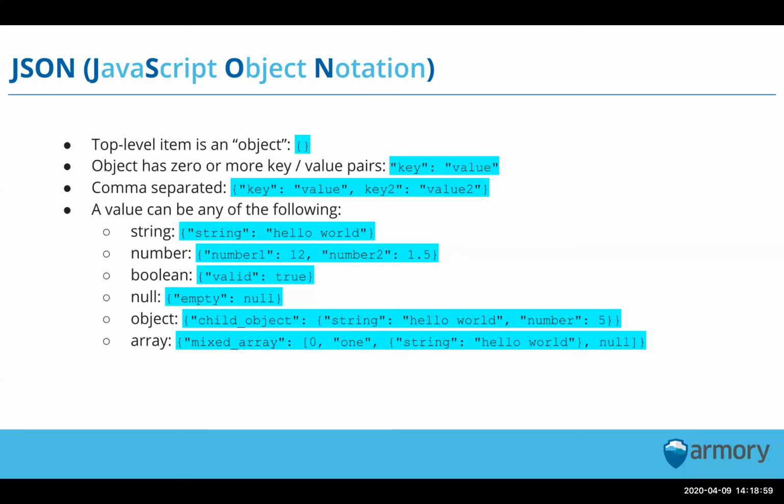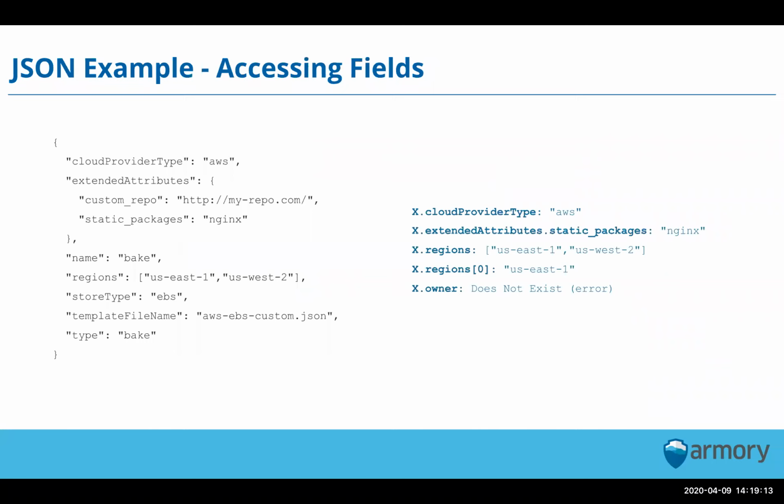And so this is very useful when you're working with Spinnaker. You're looking at an object within Spinnaker, and you need a bit of information that's in your Spinnaker pipeline, and you need to know how to access that, right? So you need to be able to navigate the JSON tree structure and identify how to get to a specific field.